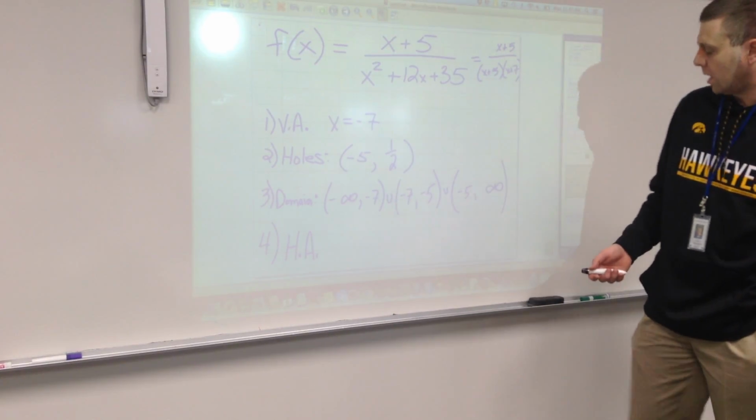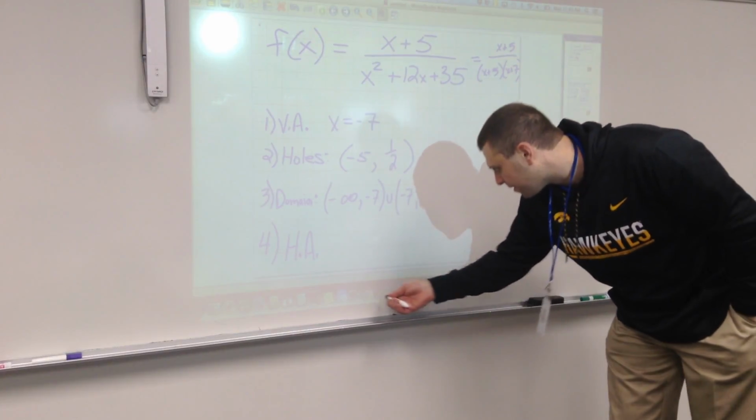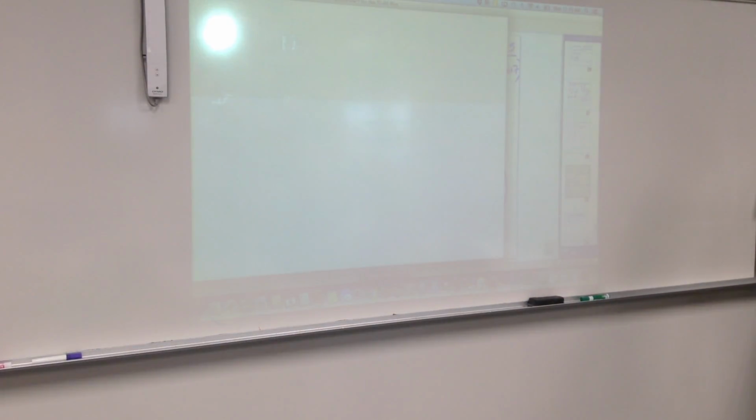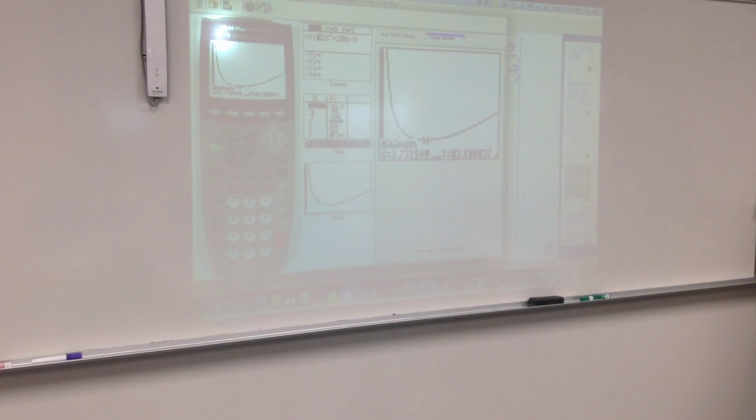I'll show you on a graph here. What I have on the top is x plus 5. So if I'm going to graph this, I'm going to put x plus 5 on the top, divided by, and then in parentheses I have to put the rest of it, x squared plus 12x plus 35.